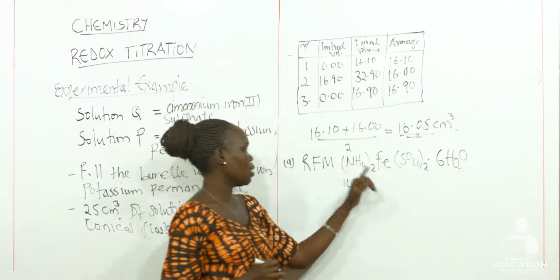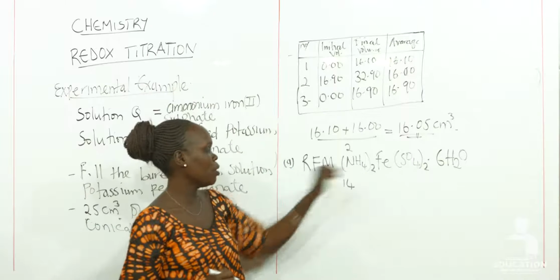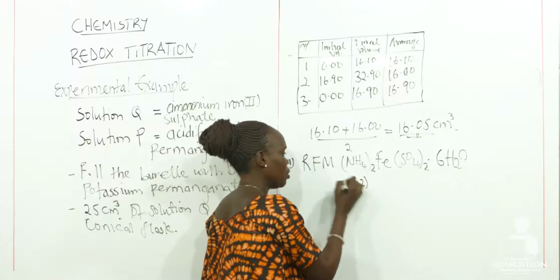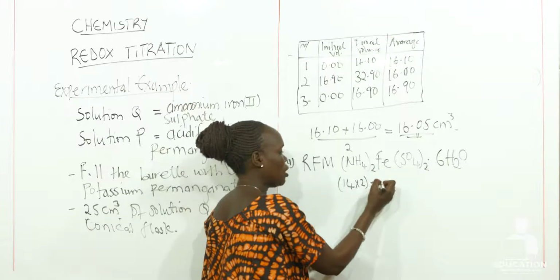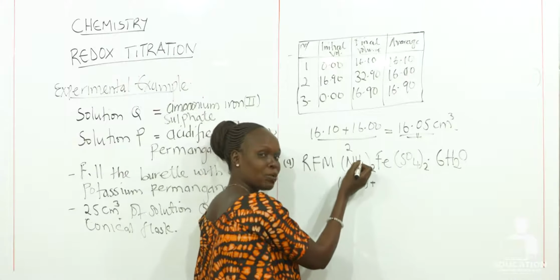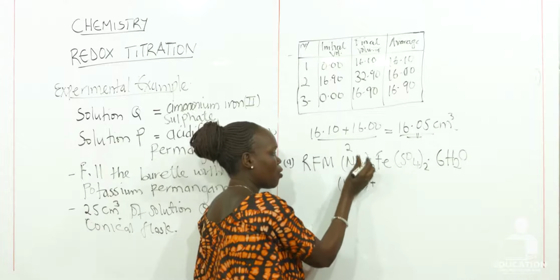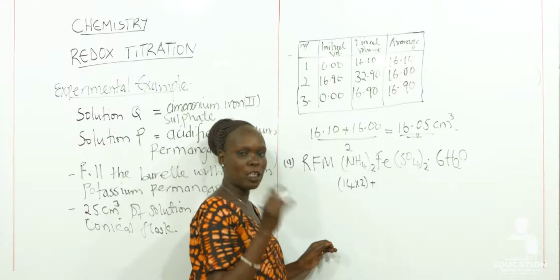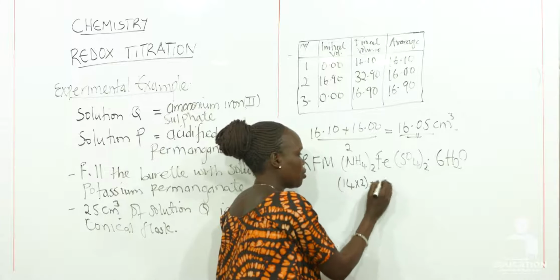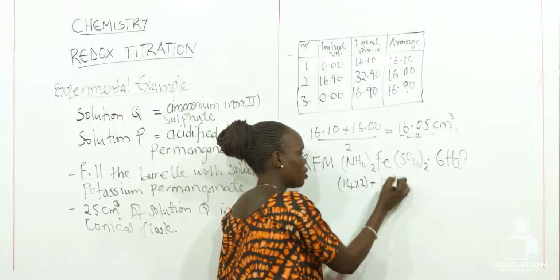Because it is in the bracket, it means we have 2 of them, so we need to multiply by 2, plus hydrogen, the atomic mass is 1. And then there are 4 atoms of hydrogen, it means we multiply by 4. Then we multiply again by 2.